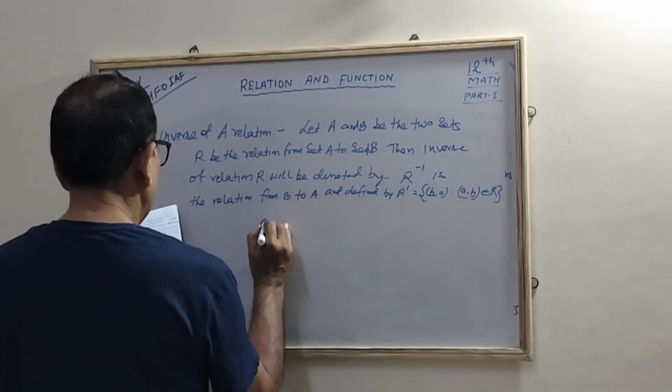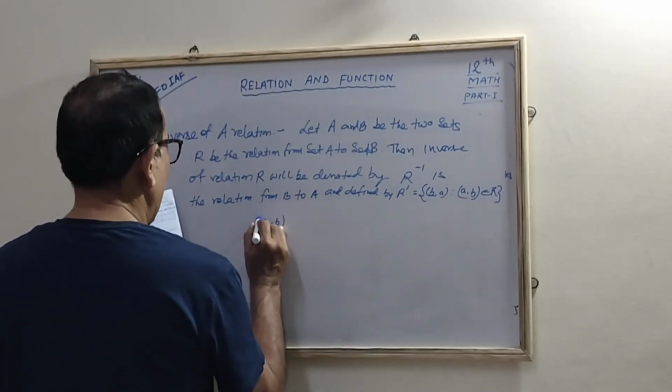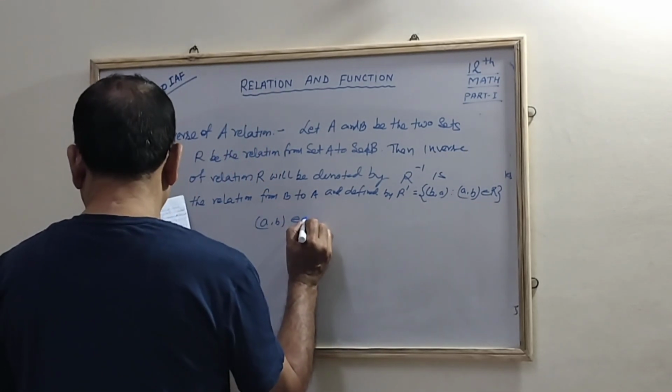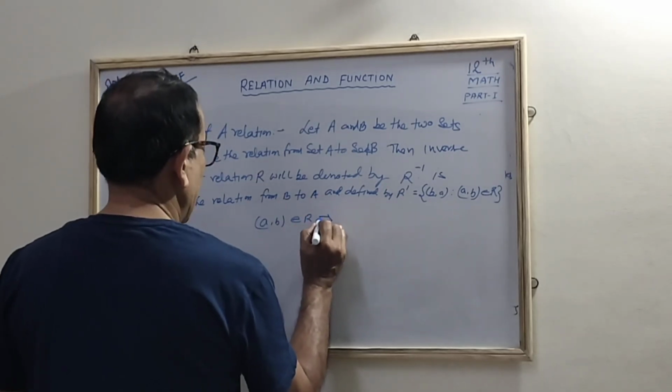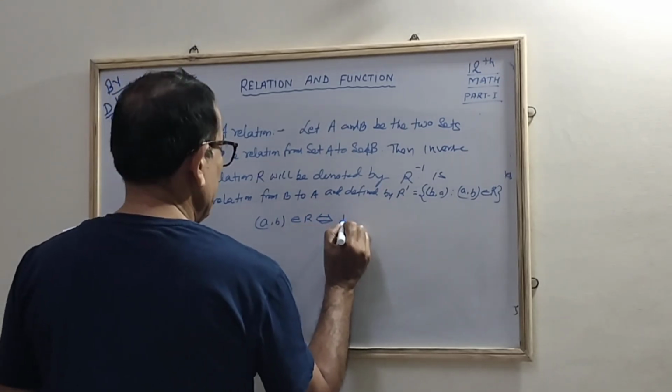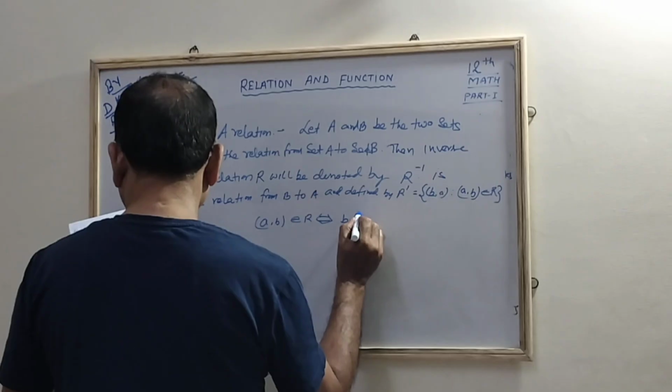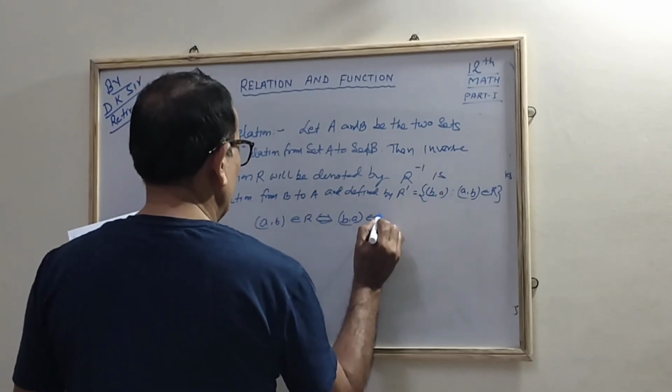So here we can write that (a, b) is an element of R such that (b, a) is an element of the inverse.